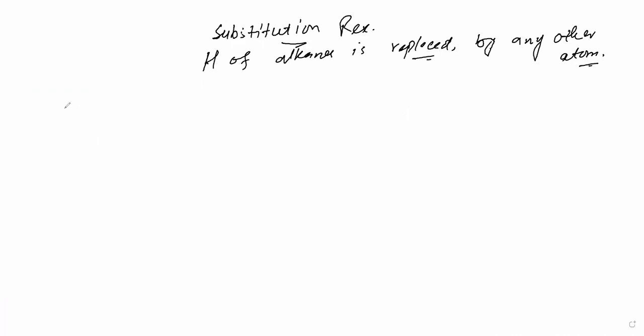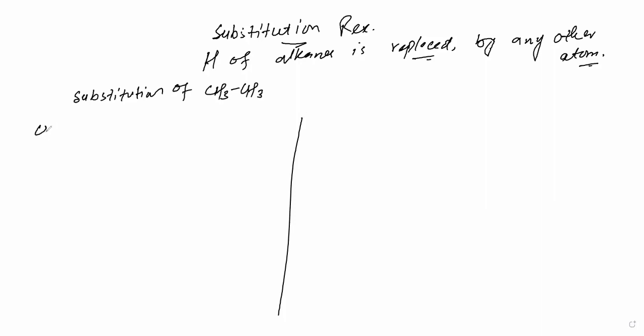So we have the substitution of ethane, CH3-CH3. First we have CH3-CH3, here is Cl2, only the chlorine molecule, and here we provide heat or we provide UV rays.